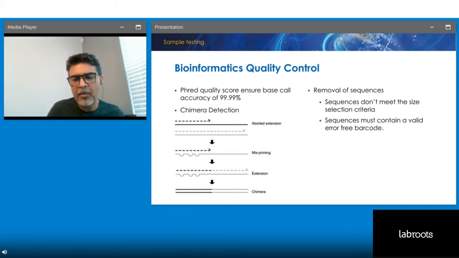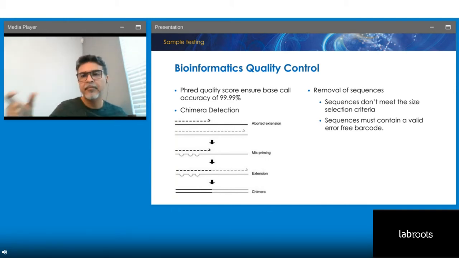We are analyzing fragments of DNA of around 300, 400 base pairs, so 1 error in 10,000 base pairs is what is acceptable. So we're talking about 1 error in multiple fragments. It's a very minimal error that is acceptable during the sequencing.